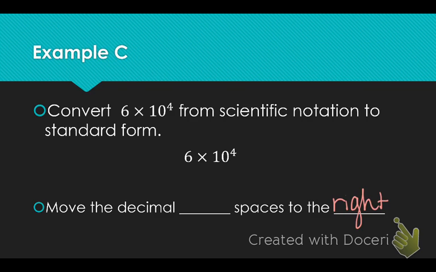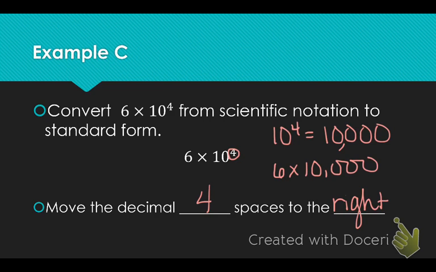And I'm going to have to move it 4 spaces to the right because the exponent is 4. This also means 10 to the 4th power, if you recall, is a 1 and 4 zeros. So that's 10,000. So it's like I'm going to take 6 times 10,000. So in standard form, this is 60,000.